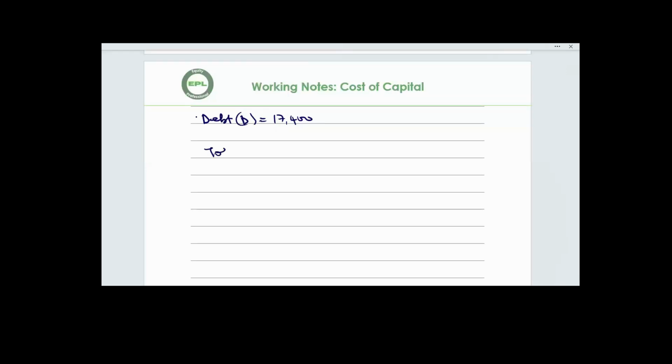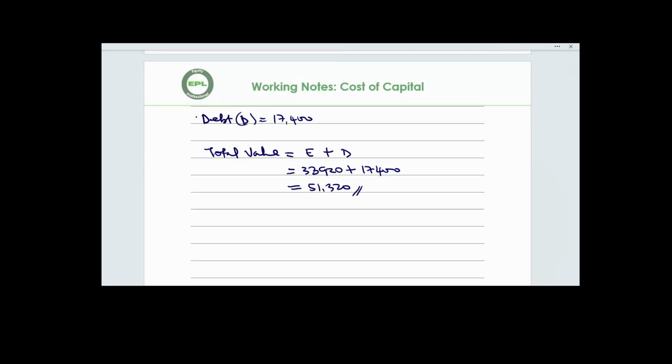Therefore, total value will be equal to value of equity plus value of debt of Kilimanjaro, which is 33,920 plus 17,400. This will give us 51,320.